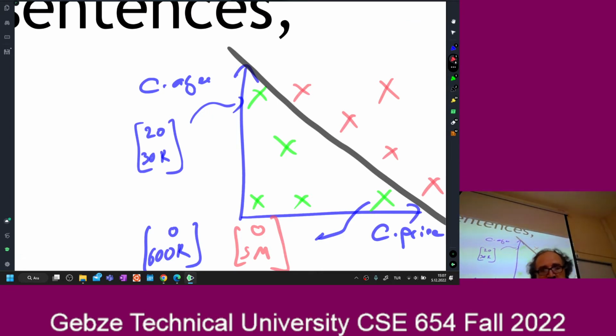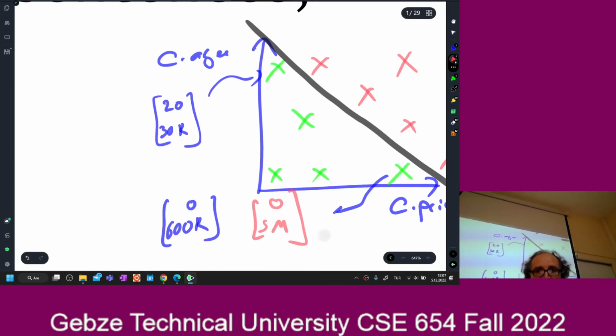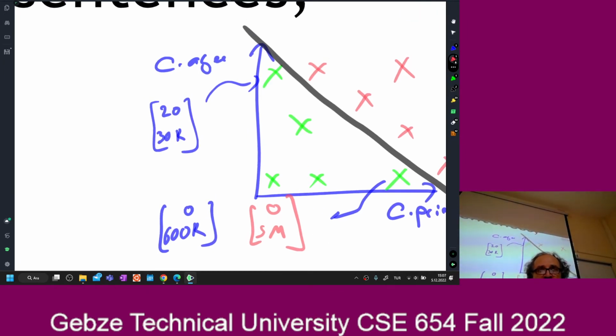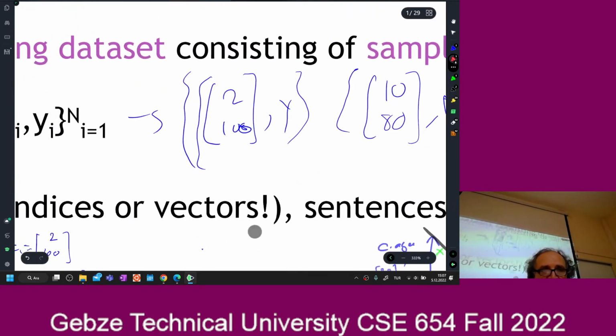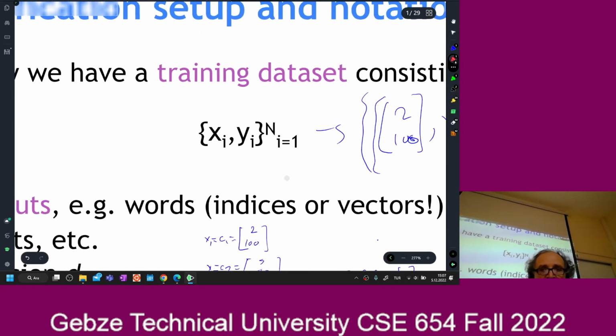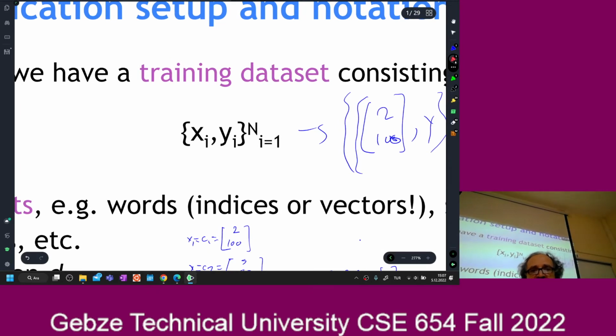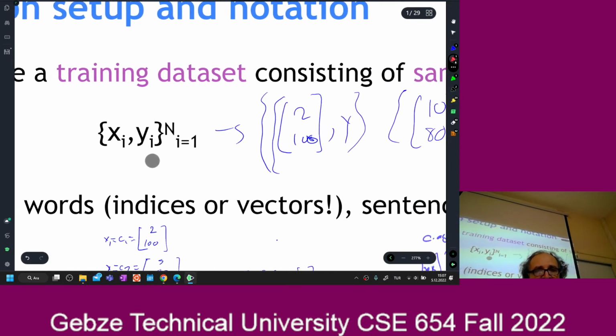So I have all this data. I marked them before, like I sat down one day and marked them one by one. Let's say I have 100 vectors like this, and for each one I know if I should buy it or not, yes or no. Xi is my vector, Yi is my label.